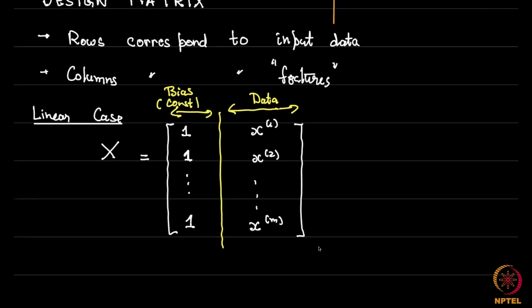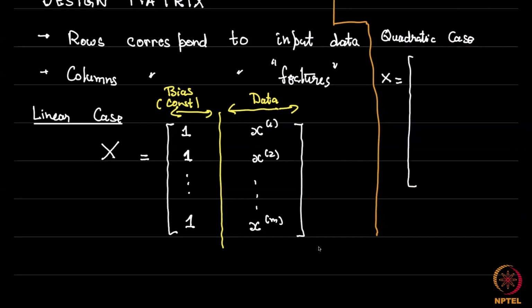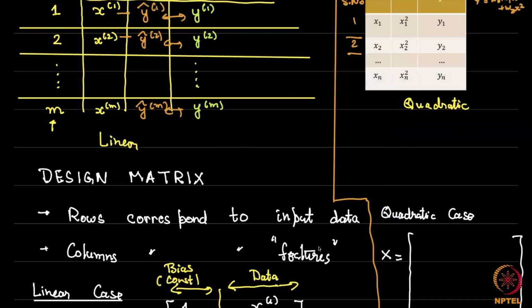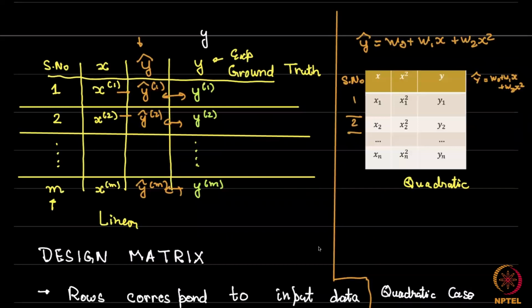Now, why do we do this? This will become a little bit clearer when I actually do the quadratic data. So for quadratic, my X, the design variable, for this, it's useful for you to refer to this. Now look at what the data we gave was.